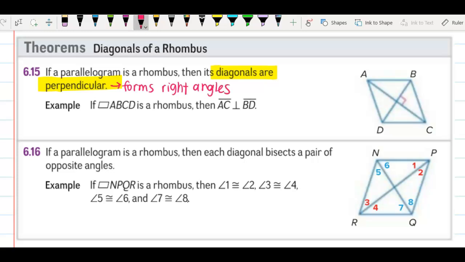Another thing we talked about is that the diagonal bisects the opposite angles. So 5 and 6 would be equal, 1 and 2, 7 and 8, 3 and 4. They would all be equal to each other because they're being bisected.